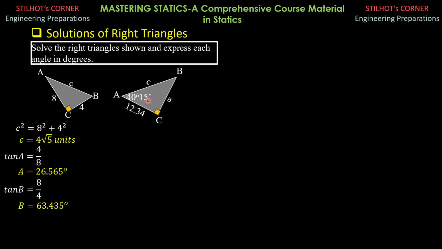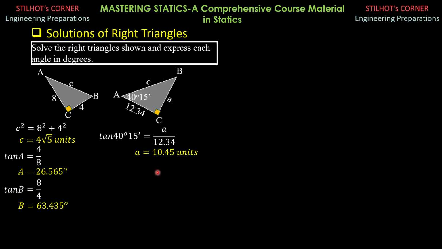For the second part, to solve for A, I use the tangent function. Tangent of 40 degrees 15 minutes is opposite A over adjacent 12.34. So A is 12.34 tangent of 40 degrees 15 minutes, and that's 10.45 units.